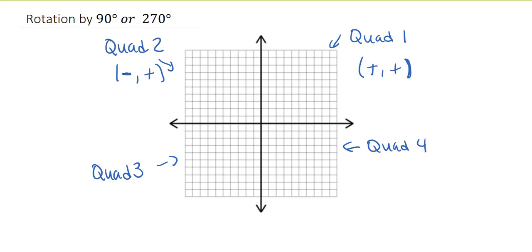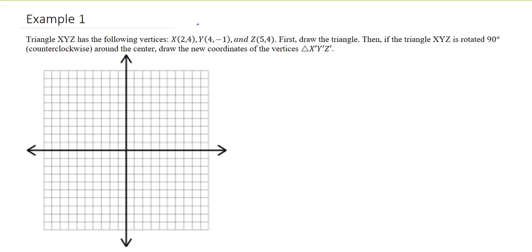Quadrant 3 is both negative, and quadrant 4 has a positive x and a negative y value. So these are the quadrants and the positive and negative x and y values of each quadrant. Now let's jump into the example.